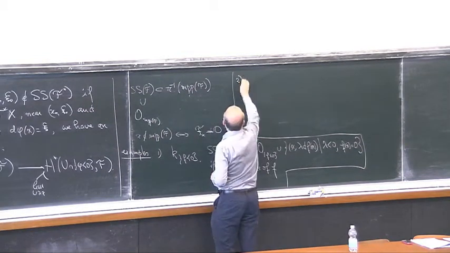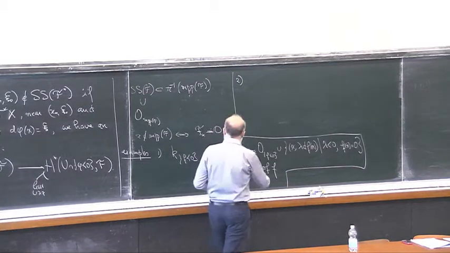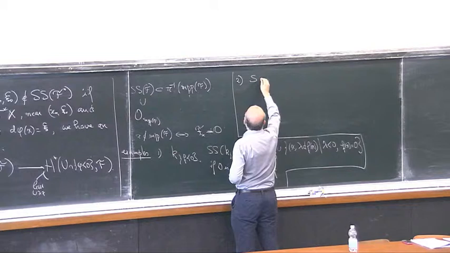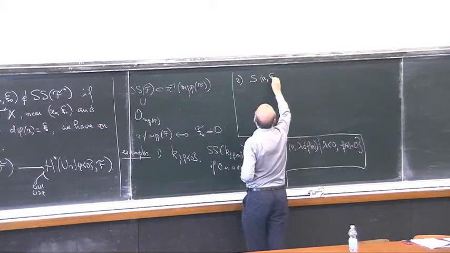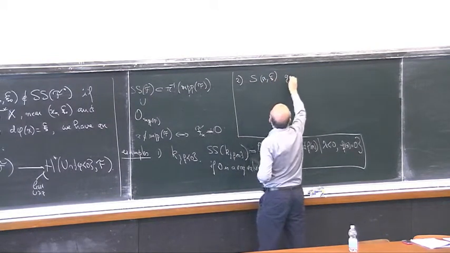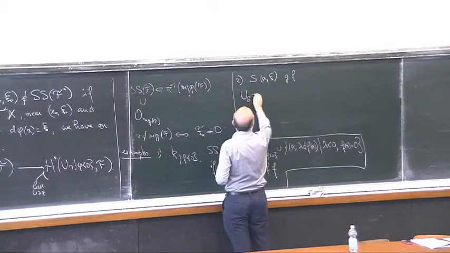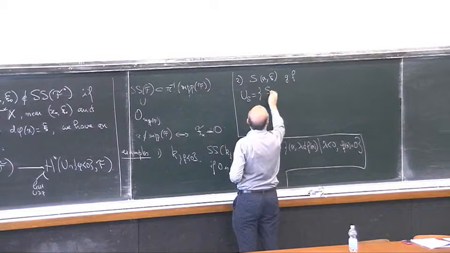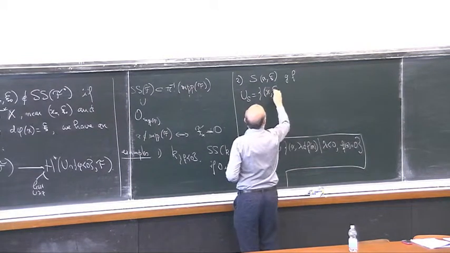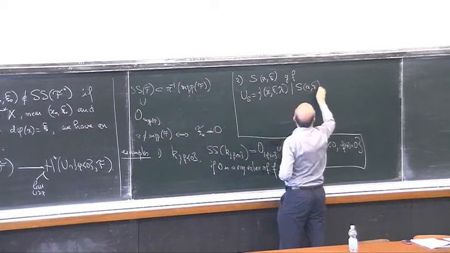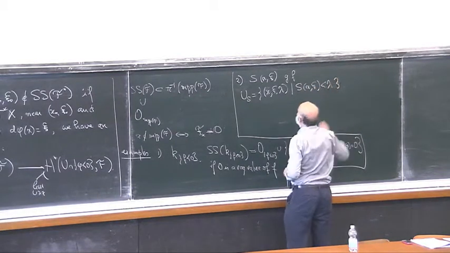And the second example, which was a little bit more complicated, was the following. Assume I have a generating function S(x, psi), and I'm looking at the set U_S, which is the set of (x, psi, lambda) such that S(x, psi) is less than lambda.